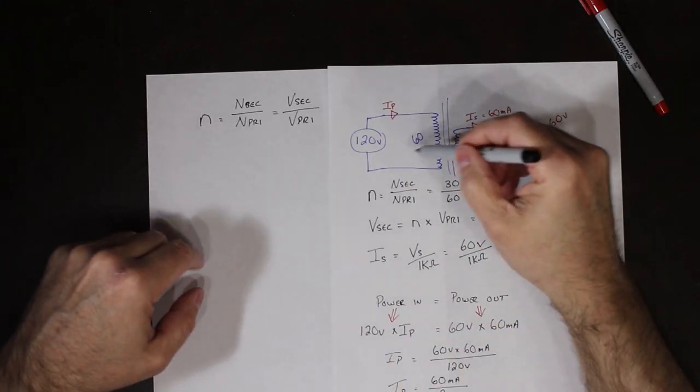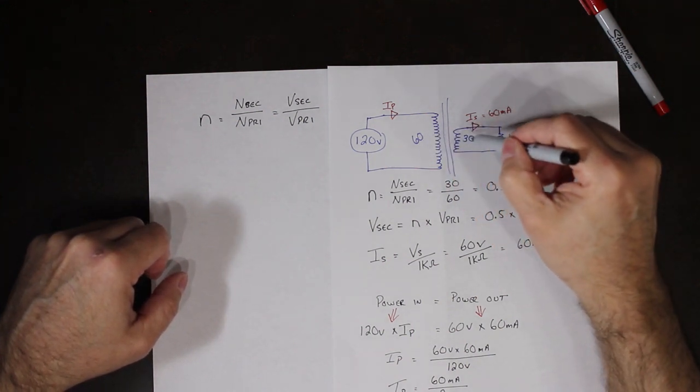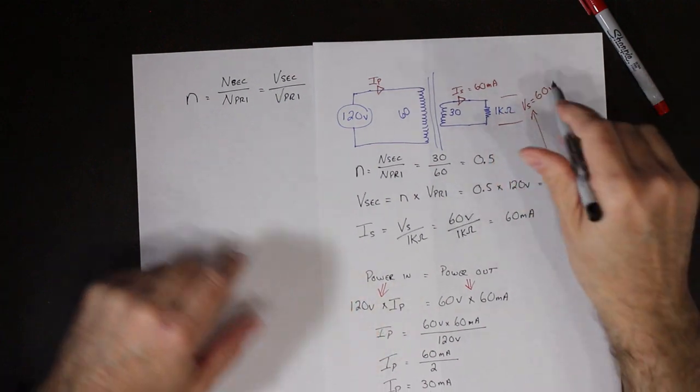And as we saw in this example, in a step-down transformer, if the voltage goes down, the current must go up.